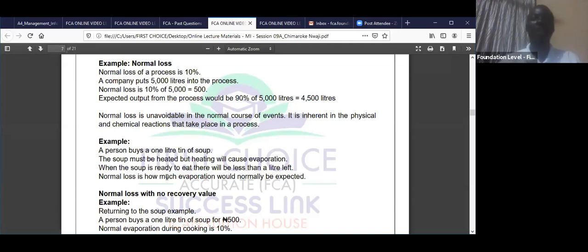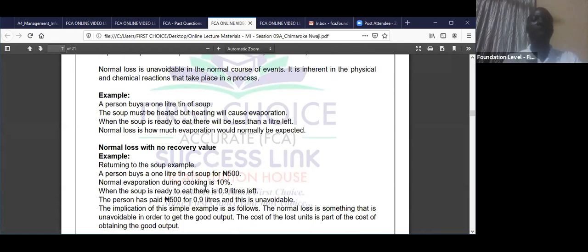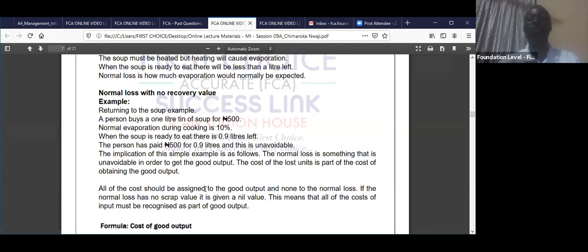So when you're cooking and it gets evaporated, that evaporation is a normal loss. Now, there is what they call normal loss with no recovery value. Let's look at it again, going back to the soup example.